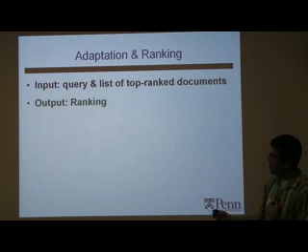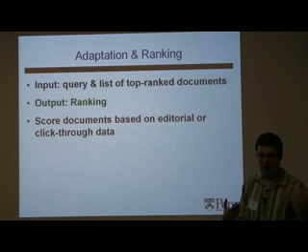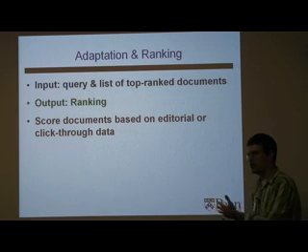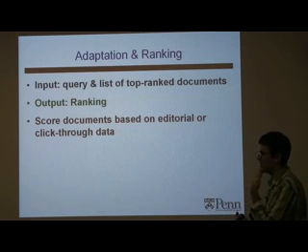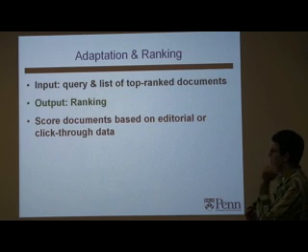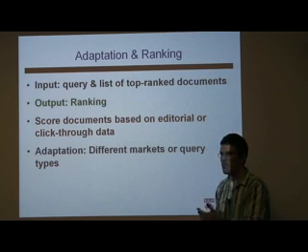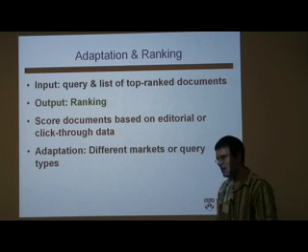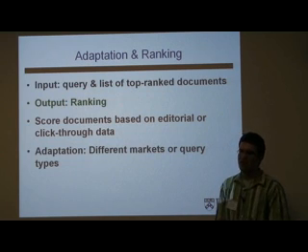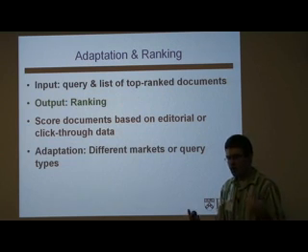And you may have some labeled data either in the form of editorial data or in the form of click-through data. And the adaptation here is, well, you might have very different markets. So in particular, you may have lots of good editorial data for English, but in Indonesia, you have barely any. And yet you still want to be able to exploit this in a reasonable way.